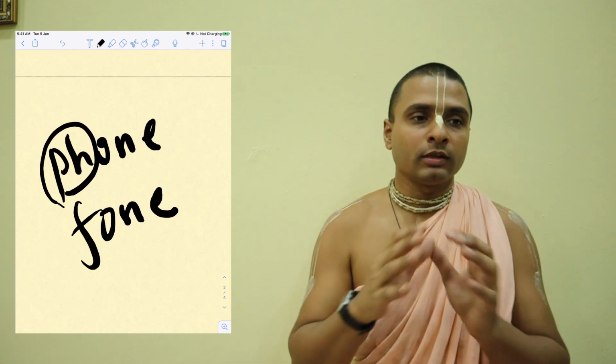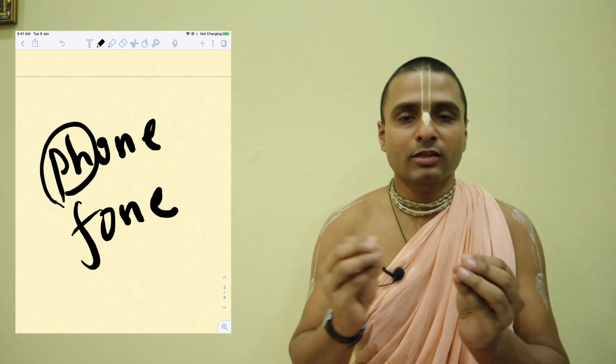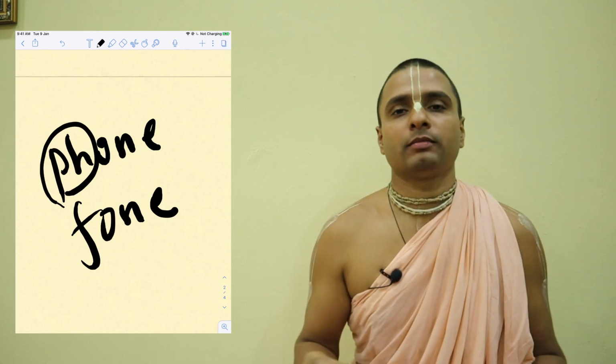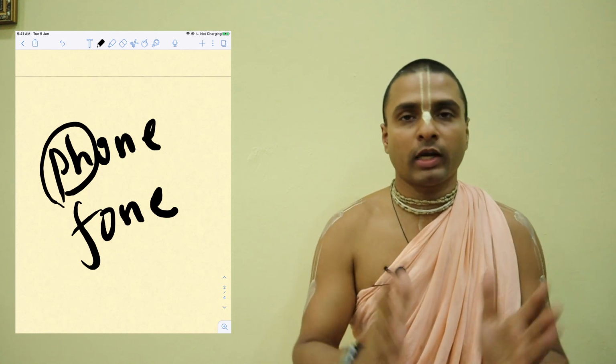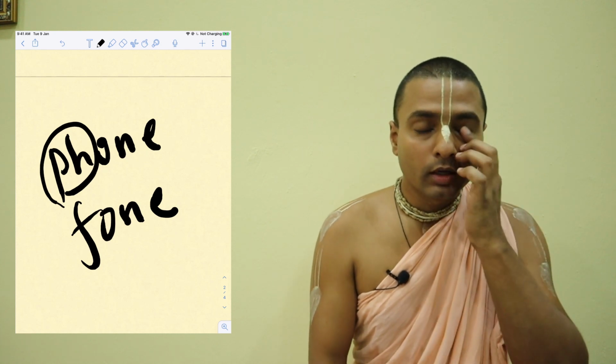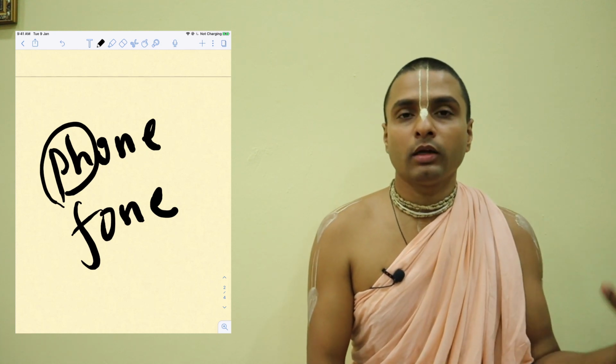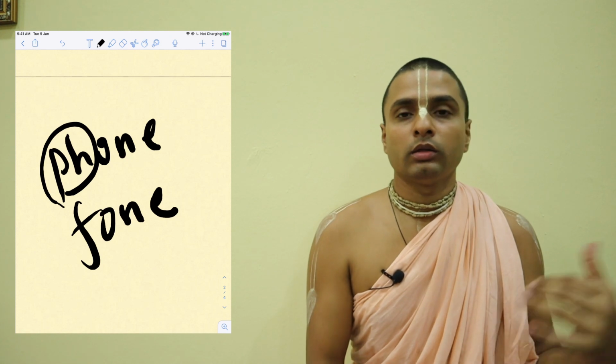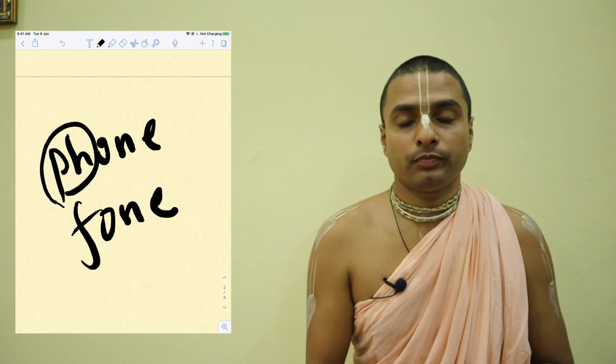That's why the name of the language is Sanskrita, which means very well made. The perfect language, I mean the perfectly made language. And all the Indian languages are based on Sanskrit alphabets.